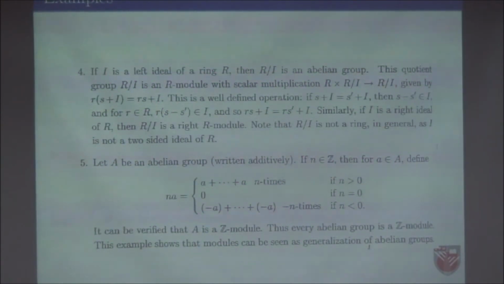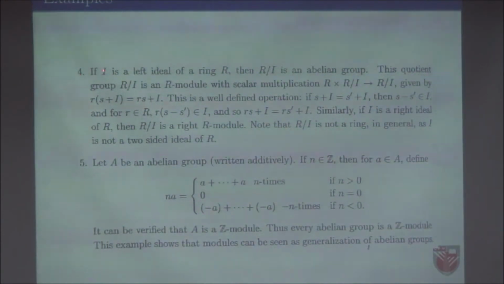Okay, so now, if you have an ideal, which is an abelian group, any ideal is an abelian group with respect to the addition operation, you may construct this abelian quotient group, and you can define an R module structure on this abelian quotient group. How to define that function? The function of r acting on this class is this class.